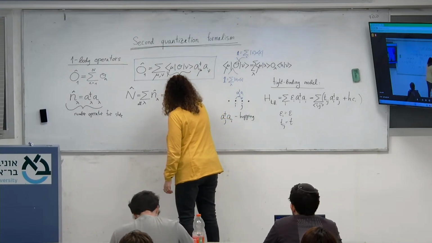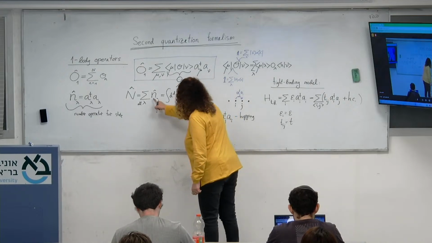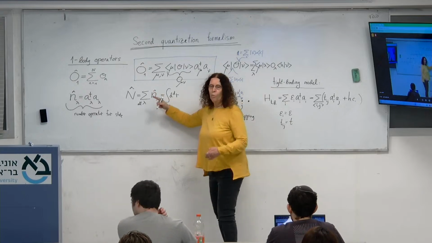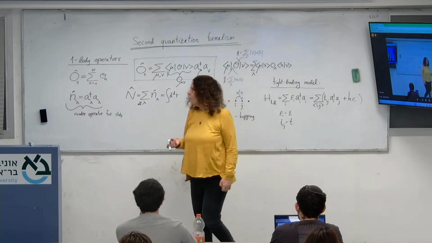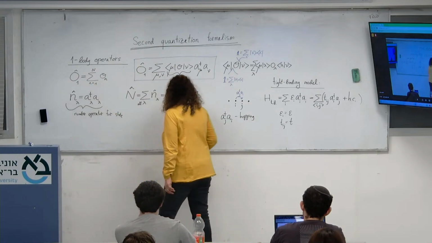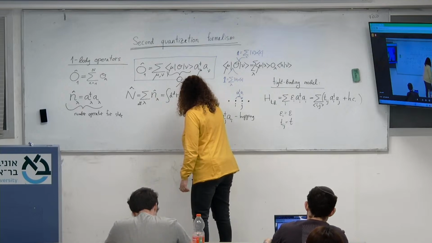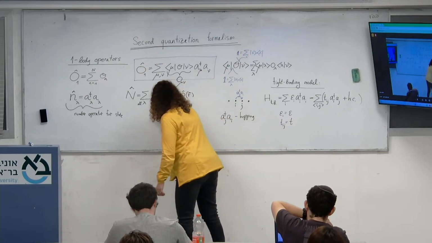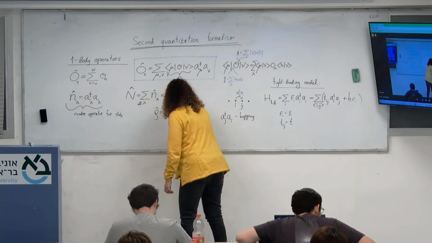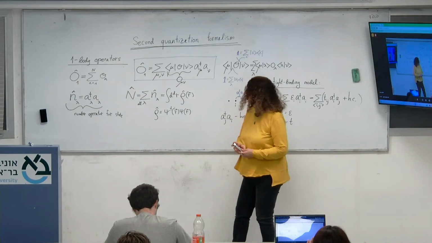It will be an integral over R of the analog of the n lambda, but now it will be n of R, written in terms of, so notice n lambda is A dagger A. What I'm going to put here is the density operator, where the density operator is, okay. All right.